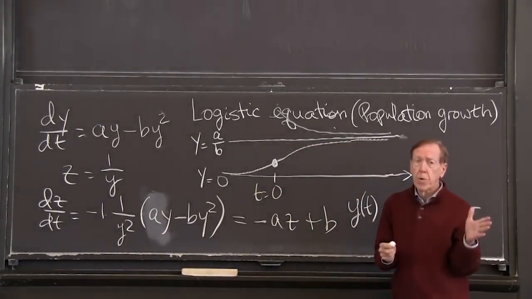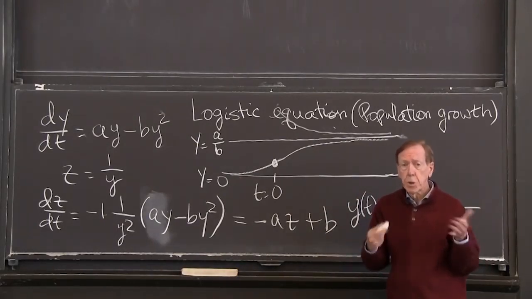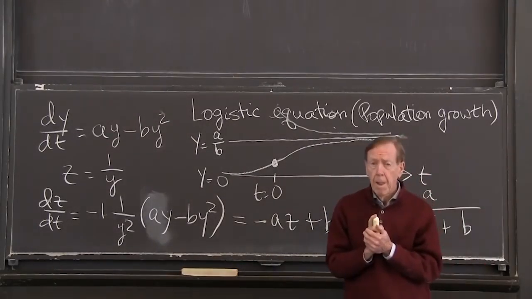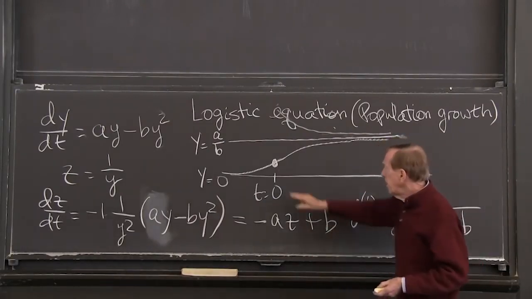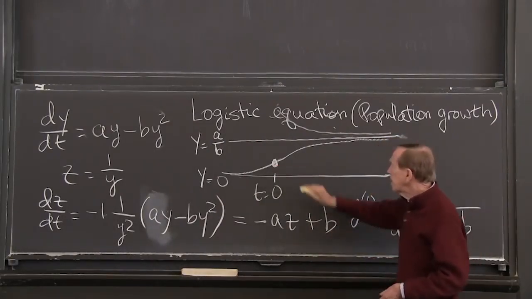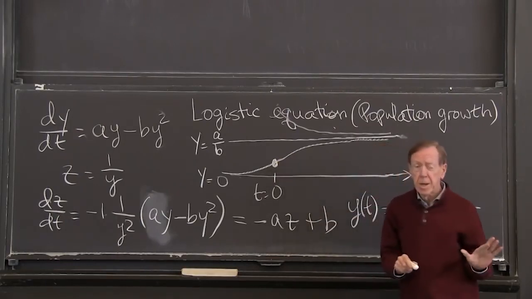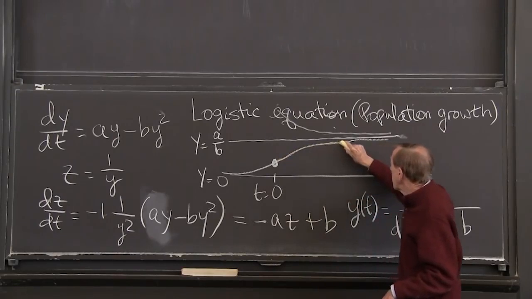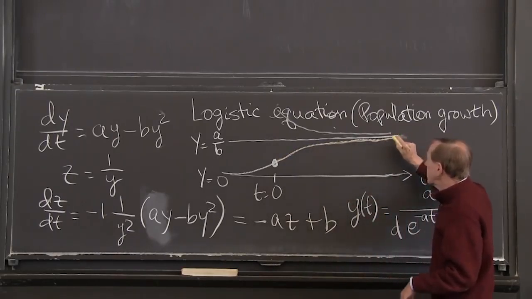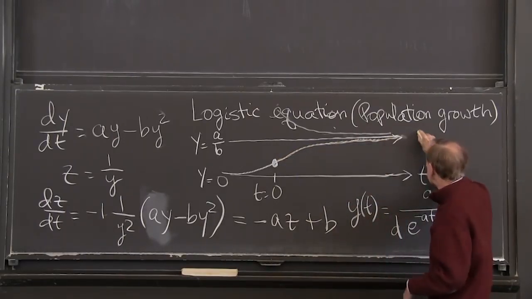Starting population, and of course t equals 0 could be the year 2000. We can move the time axis as we want. Our population is still increasing, but it won't go on forever. It will slow down and approach this limit, a over b.